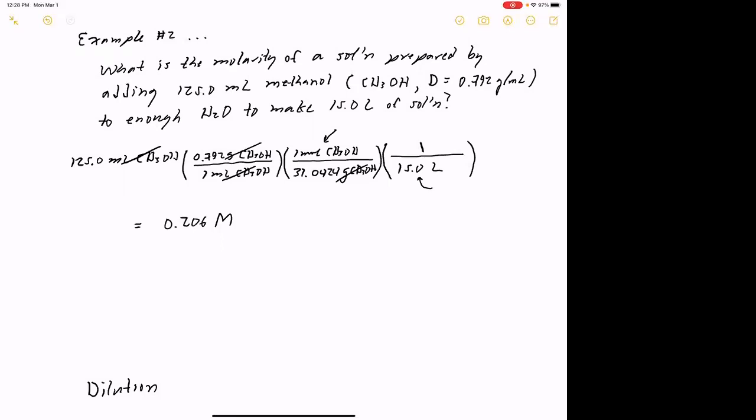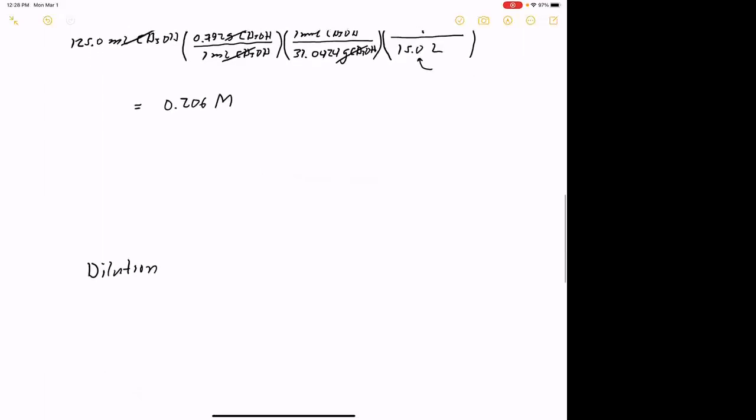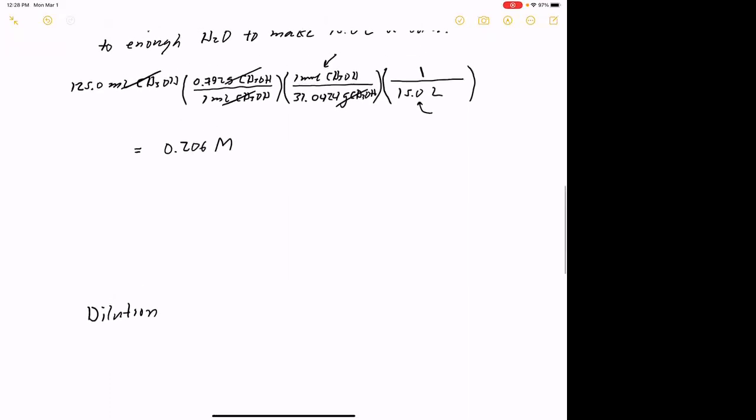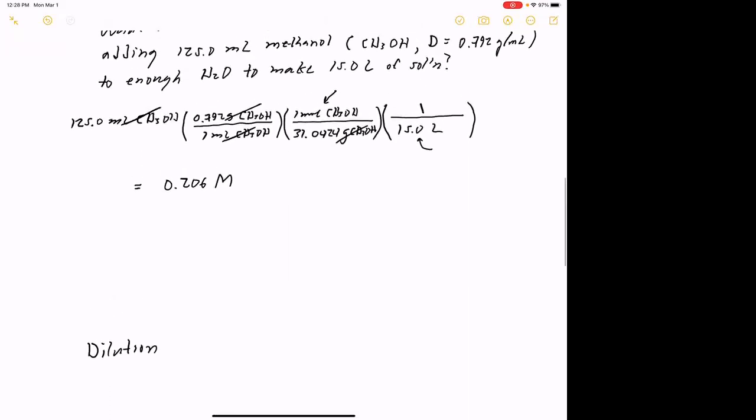Okay. Does everybody have what they need for example 2 there? So I can scroll up. All right, good. I had one question. Yeah, please go. How did you get the mass of the methanol as 31.042? Well, hopefully I did it right. I went to the periodic table and I used the formula, right?